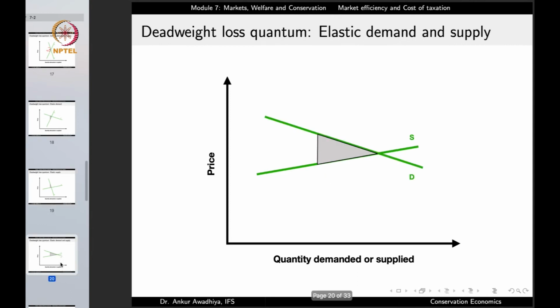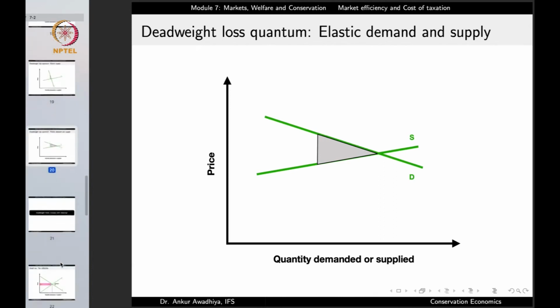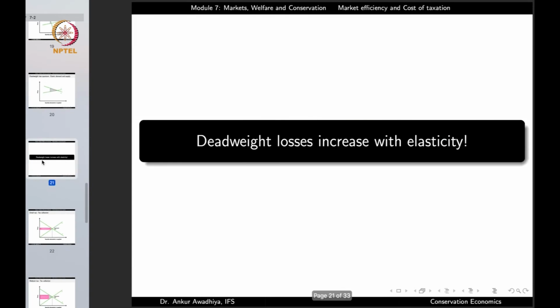And if we make demand and supply both elastic, then the deadweight loss increases even further. So what we are observing here is that the deadweight losses increase with elasticity. If the demand is elastic, we will have a higher deadweight loss. If the supply is elastic, we will have a higher deadweight loss. If demand and supply are both elastic, then we will have a much larger deadweight loss.